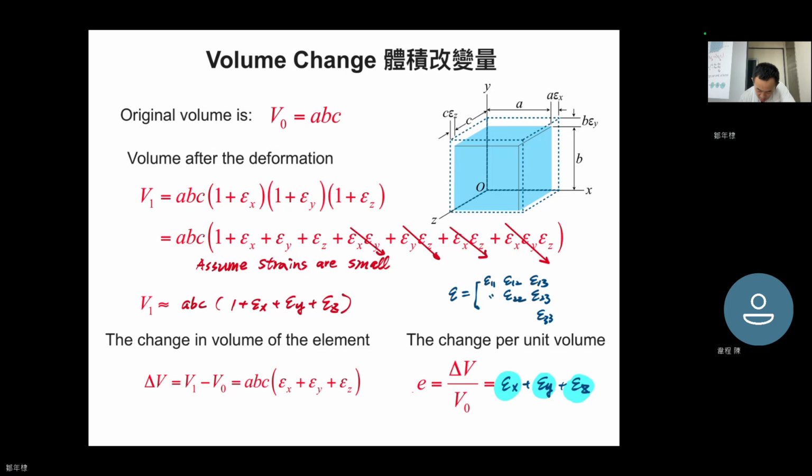And then this is symmetric. Typically, it is symmetric. Okay. So this is what a general strain matrix looks like. And then the diagonal terms, sum them up together. If this diagonal sum is zero, which means that there is no volume change.